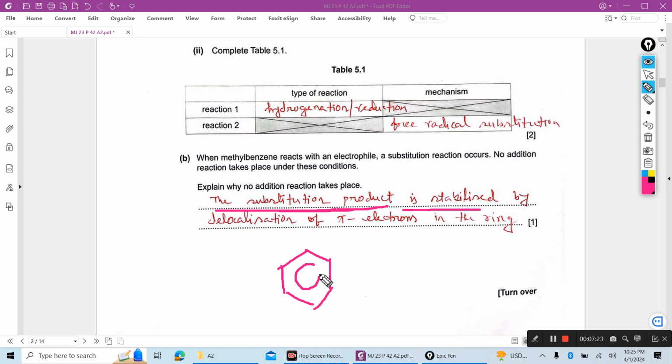By this delocalization, the substitution product becomes stabilized. That's why substitution reaction occurs rather than addition reaction.